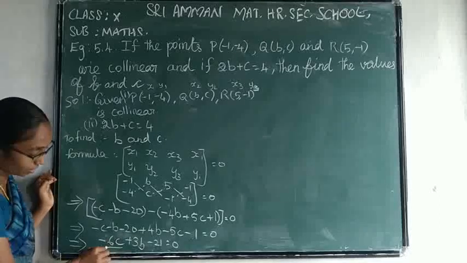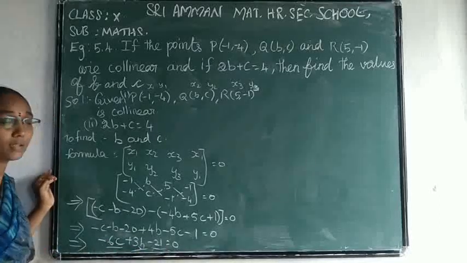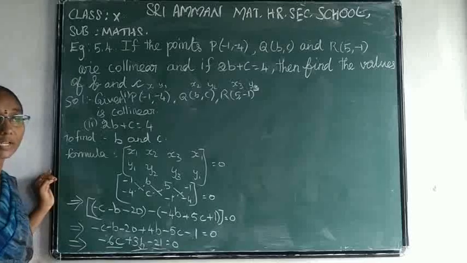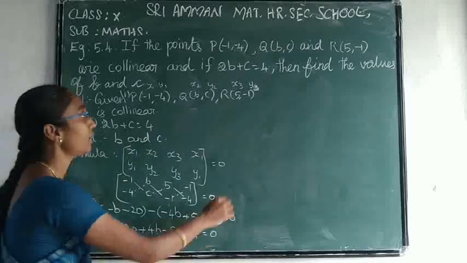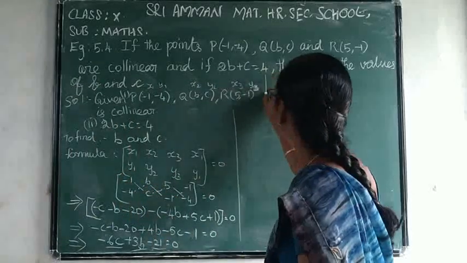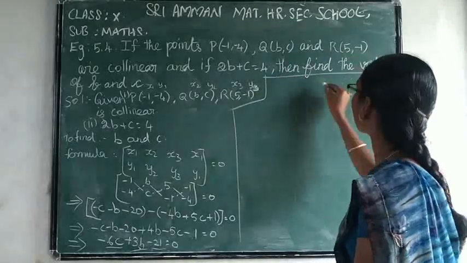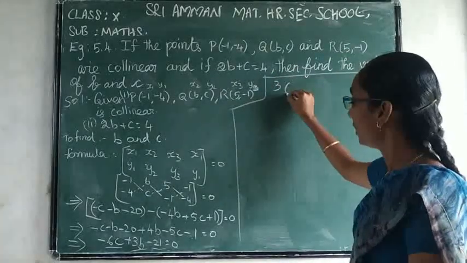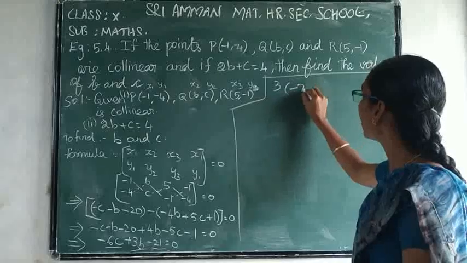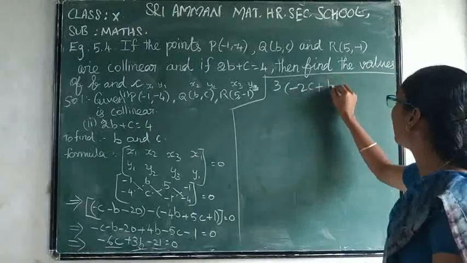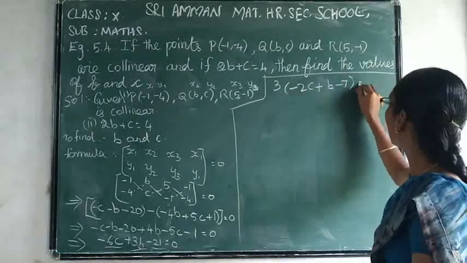In these three terms, all are multiples of 3, so take 3 as a common factor outside. 3 into minus 2c plus b minus 7 equal to 0.